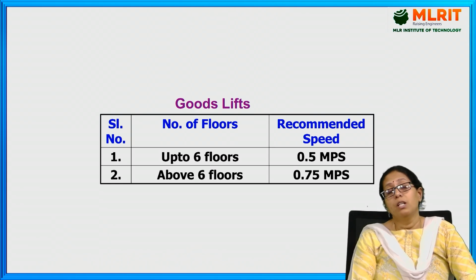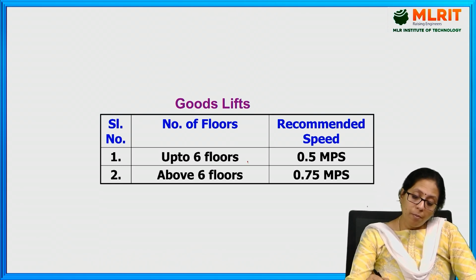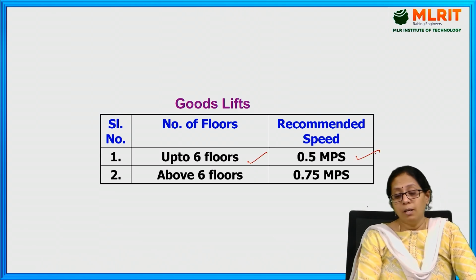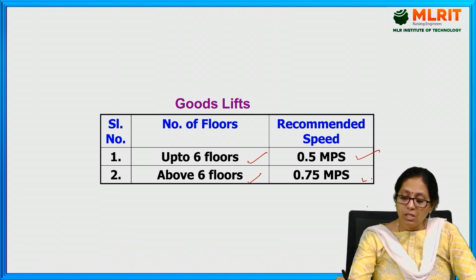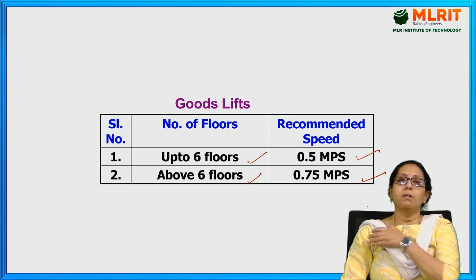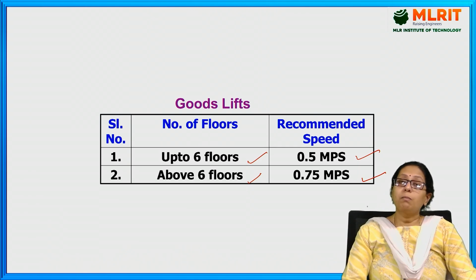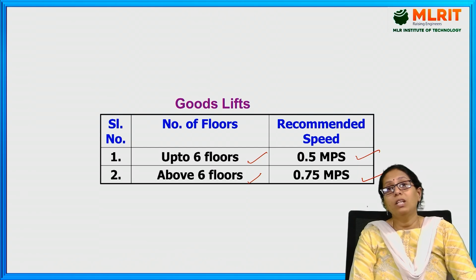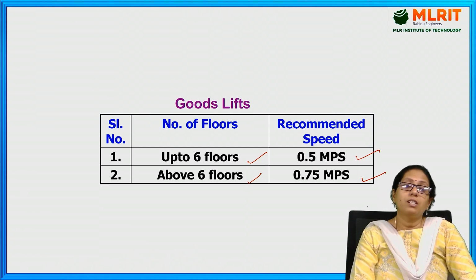Goods lift, which is mainly used for lifting goods. Up to 6 floors it is 0.5 meters per second, and above 6 floors it is 0.75 meters per second. Here, the speed of this goods lift is very low when compared to the remaining types, that is, the hospital and the residential buildings.